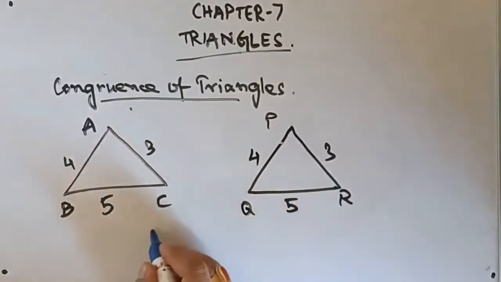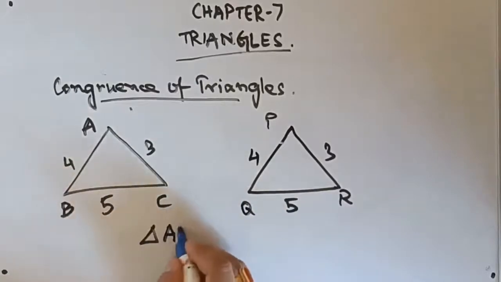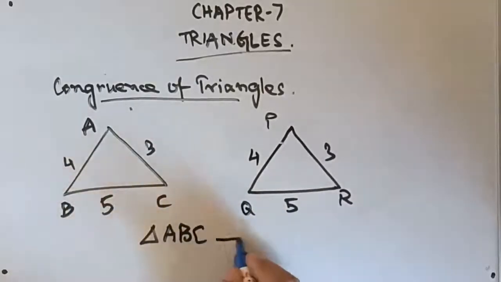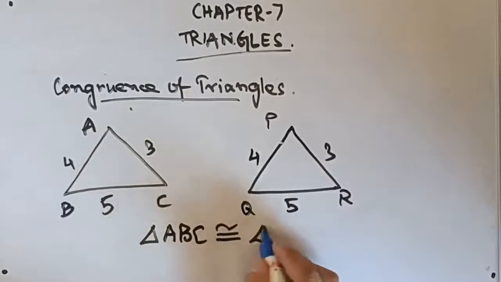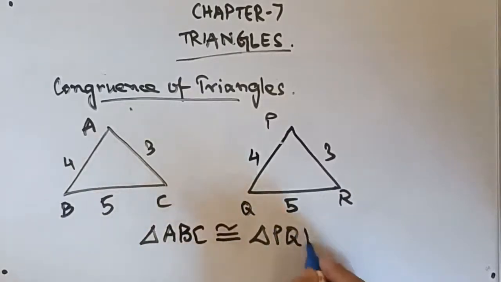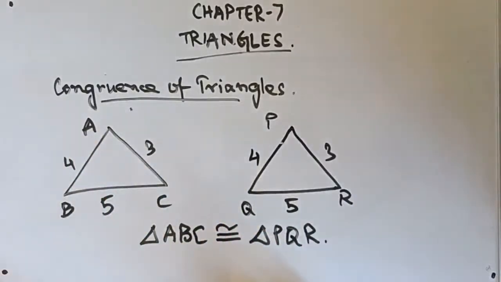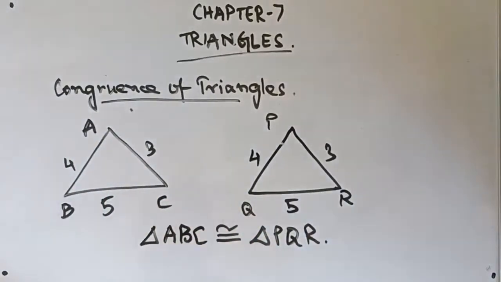We can write triangle ABC is congruent to triangle PQR. This is the symbolic representation of congruence of triangles. While writing the symbolic form, it is necessary to write the correspondence of vertices correctly. That is, you have to write the corresponding parts of the congruent triangles correctly.